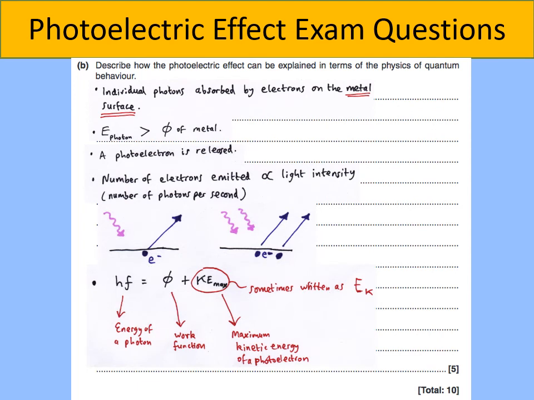Okay, and then the other all-important thing to mention always is Einstein's photoelectric equation. hf is equal to phi plus Ek max, sometimes written as Ek. hf is the energy of the photon, which is equal to the work function, plus the maximum kinetic energy of a photoelectron. This is Einstein's photoelectric equation. And there we have our 5 marks.